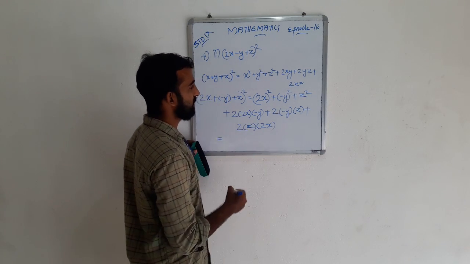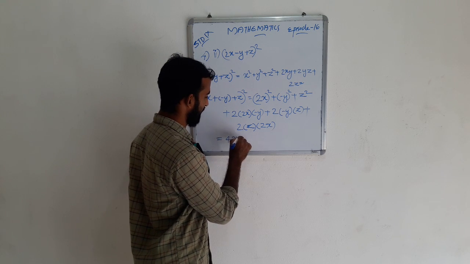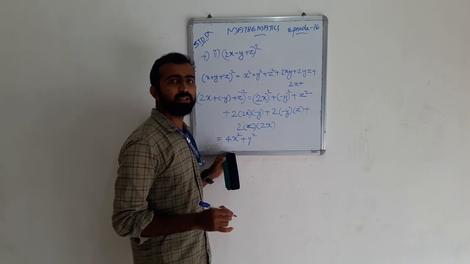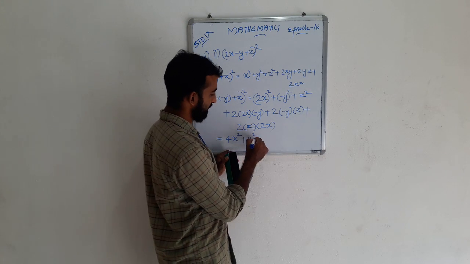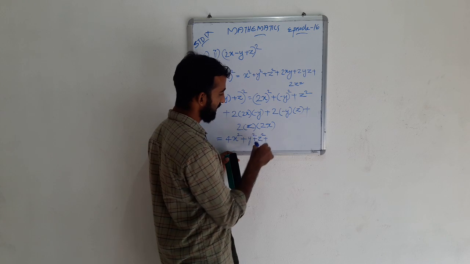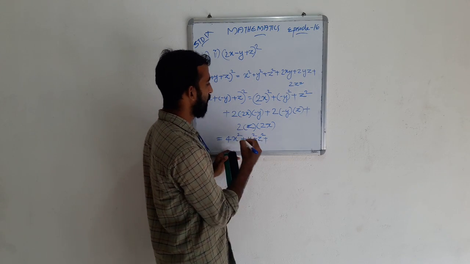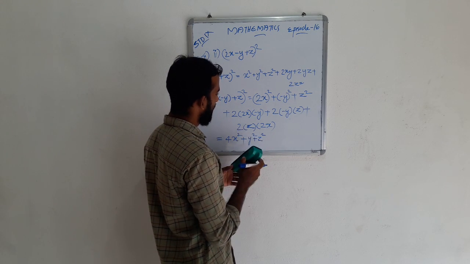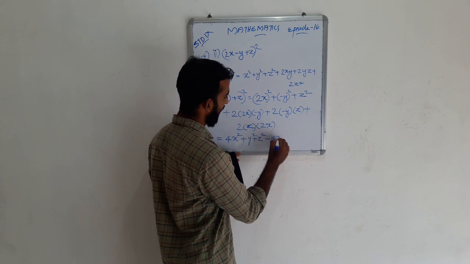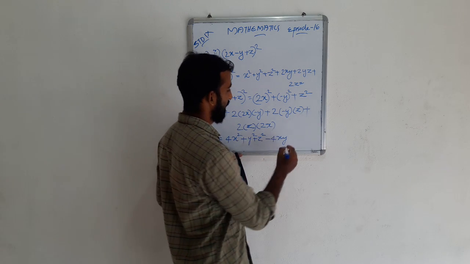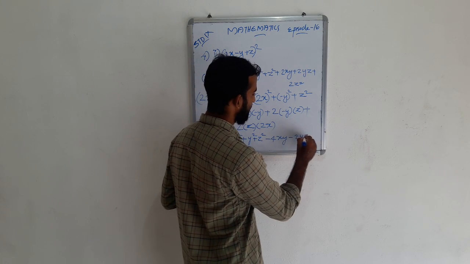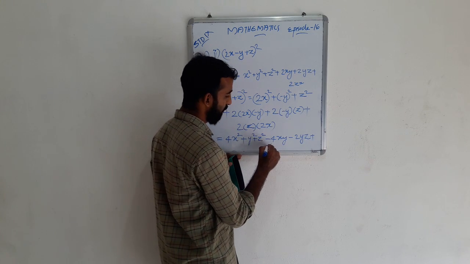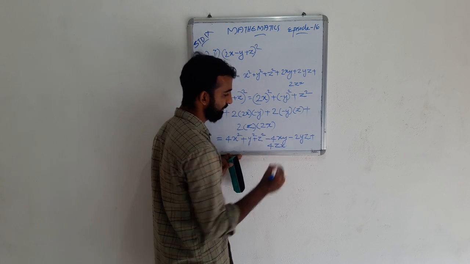We get 2x square means 4x square plus y square, negative y whole square means positive y square, plus z square plus 2 into 2, 4. Here is negative y, so minus 4xy minus 2yz plus 2 into 2, 4zx.